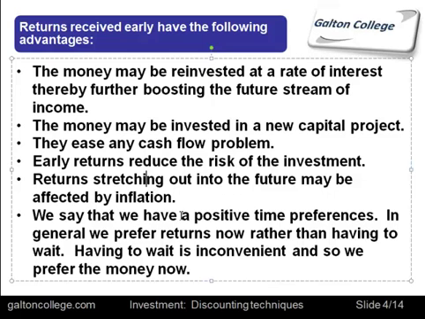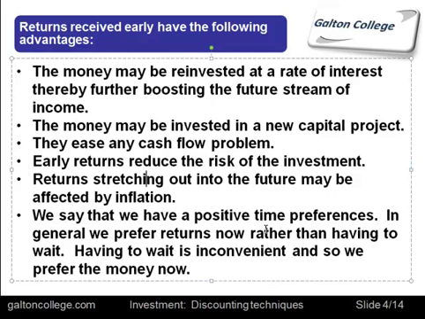We also say that we have positive time preference. This is a very important term, positive time preference. Simply put, given a choice between, let's say, £100 now or £100 in a year's time, you will prefer to have the £100 now. Generally speaking, we have positive time preference.